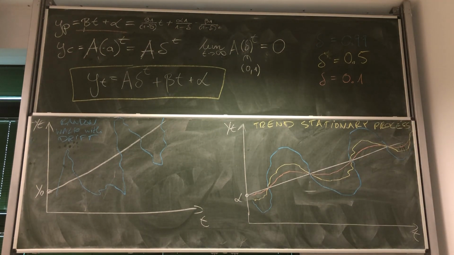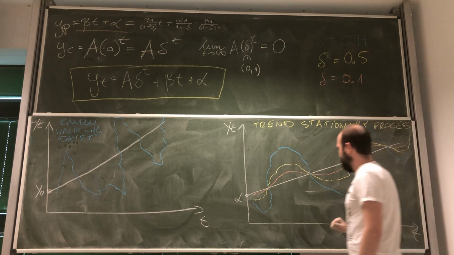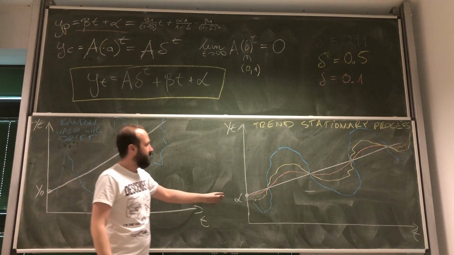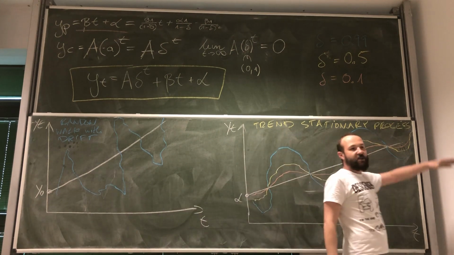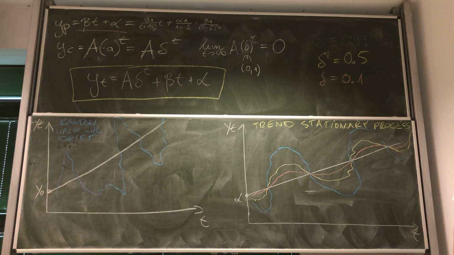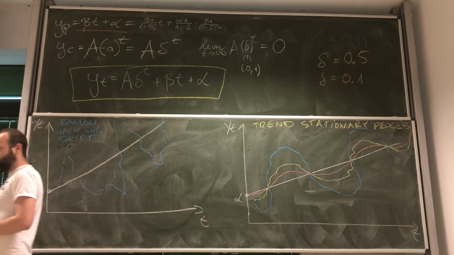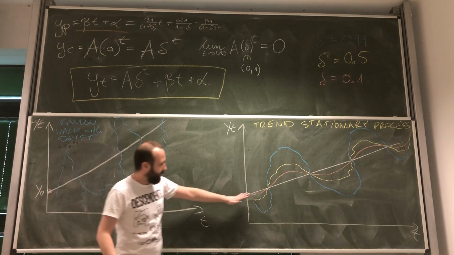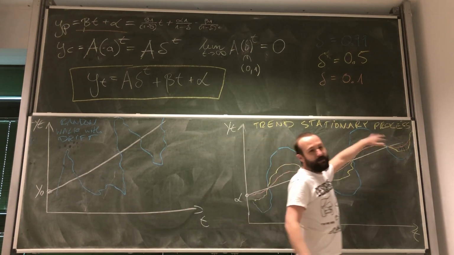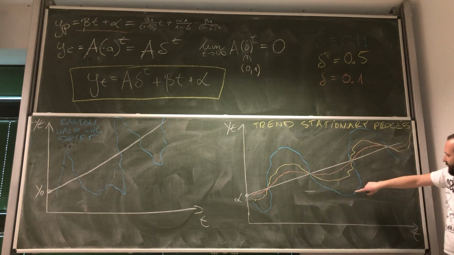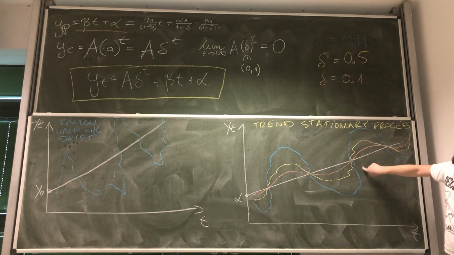So if we are able to estimate delta, we will be able to see how stable around the trend the economy is, right? And you can imagine that there are some economies where, after being hit by a shock, they recover pretty quickly. But there might be some other economies that, once hit with a shock, suffer quite a lot.